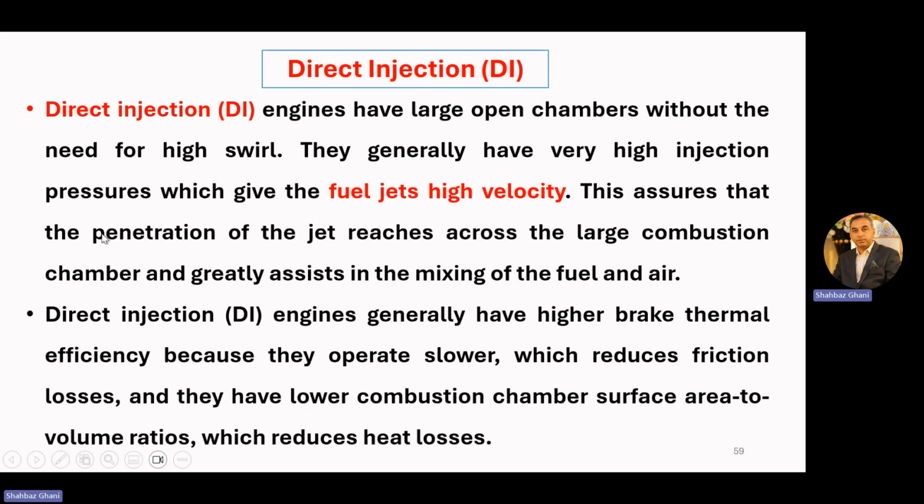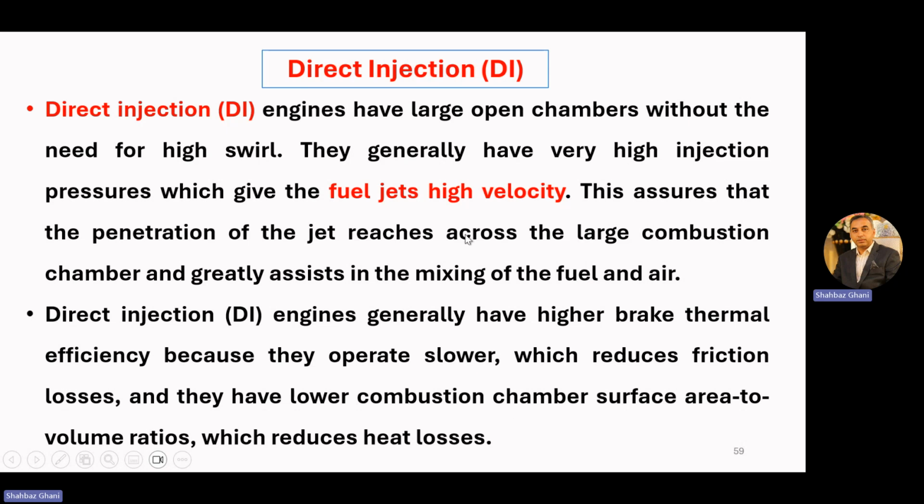This assures that the penetration of the jet reaches across the large combustion chamber and greatly assists in the mixing of the fuel and air. Direct injection engines generally have a higher brake thermal efficiency because they operate slower, which reduces friction losses, and they have a lower combustion chamber surface area to volume ratio, which reduces heat losses.